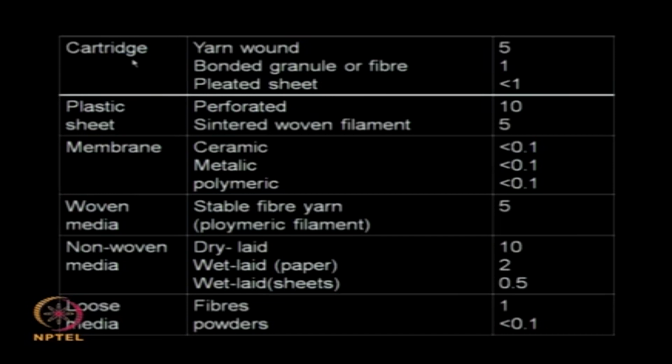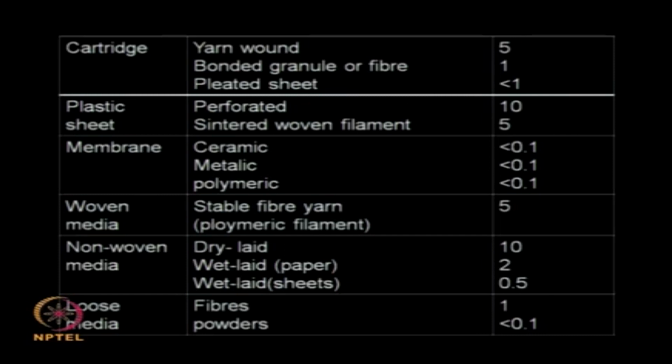Going further, cartridges, we have different types of cartridges. We can have ceramic material, we can have solid metal, then we can have plastic sheets, we can have membranes. Again membranes, you can have polymeric membranes, metal, ceramics. When you talk about membranes, the particle size that can be filtered becomes very small.